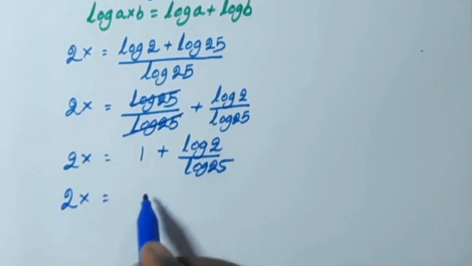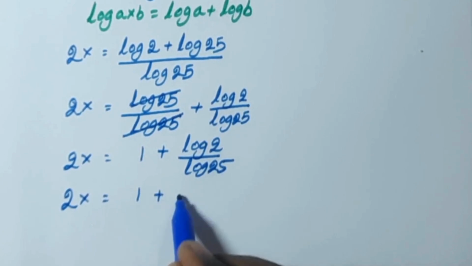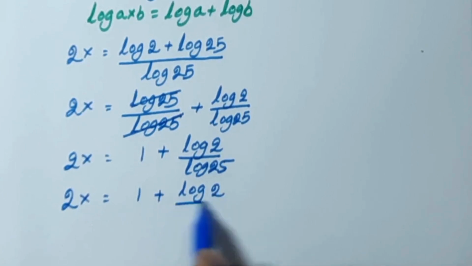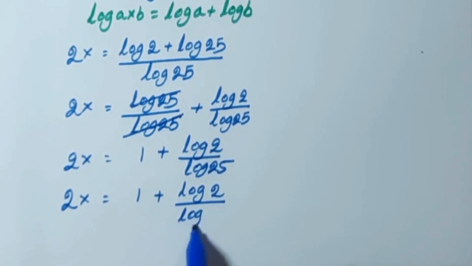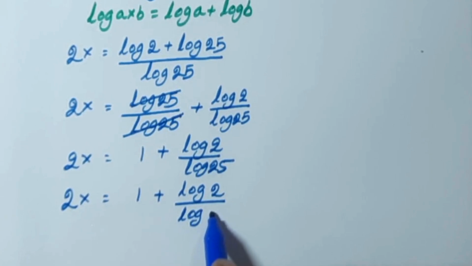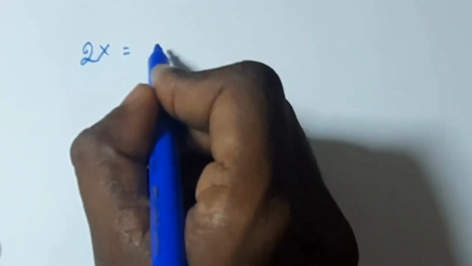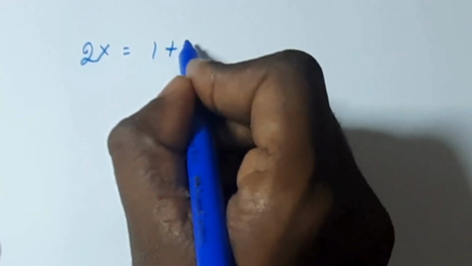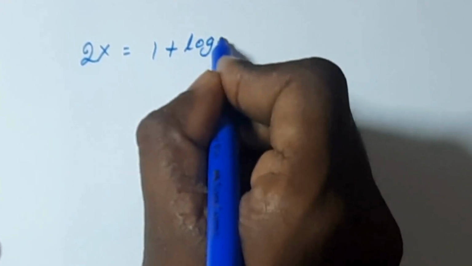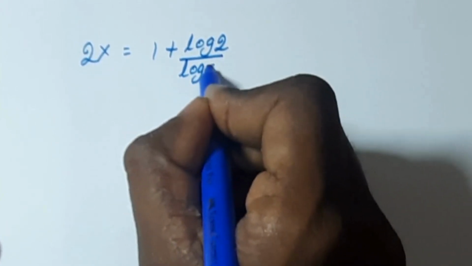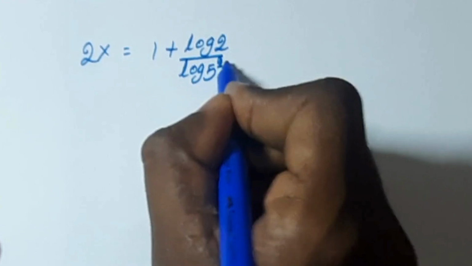2x equal to 1 plus log 2 by log 25, which can be written as 5 to the power of 2. 2x equal to 1 plus log 2 by log 5 power 2.